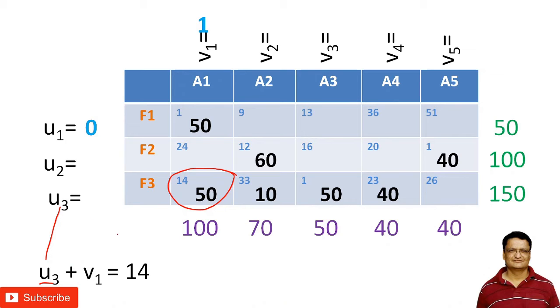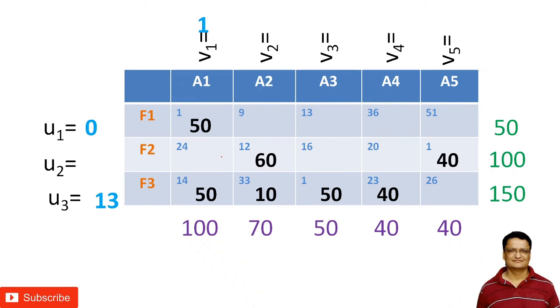So this is u3, and this is v1, which is equal to 14. I know the value of v1, and I know this 14, so I can calculate u3. So u3 will be 13. So I have got the value of 3 dual variables, and I need to calculate all the values of the dual variables.